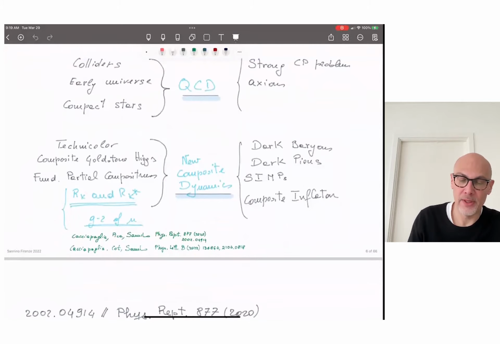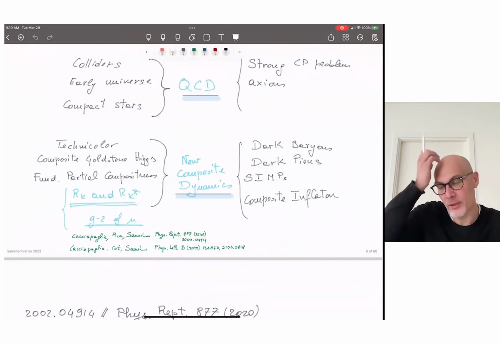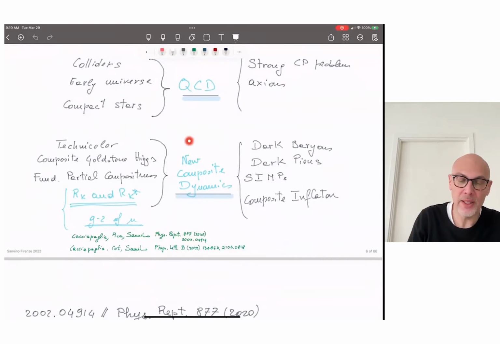About new composite dynamics. QCD could be an analog computer for some new type of dynamics. And once you have this new type of dynamics, let me start from the dark side. What can you do? You can have dark matter made by dark baryons. You can have dark matter made by dark pions. You can have SIMP-like particles.